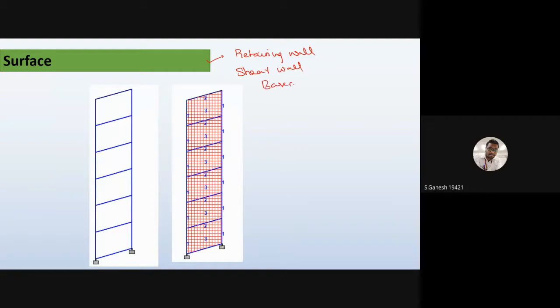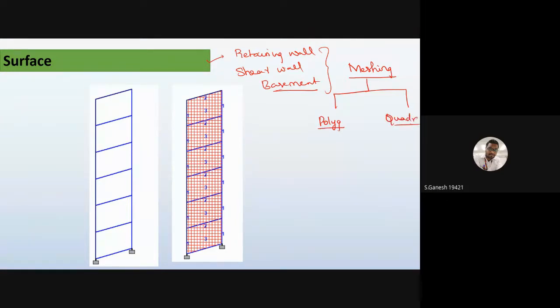Why do we need this surface rather than plate or floor? The surface has a concept called meshing. We have two types of meshing: one is polygonal meshing, one is quadrilateral meshing.